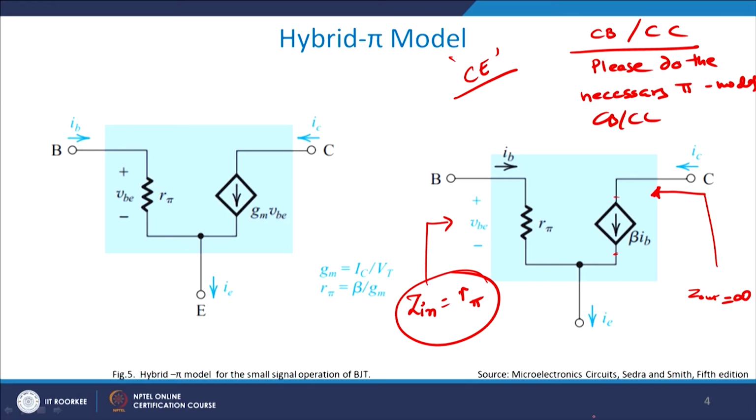Please do the necessary. In common base, you will see it will be RE that comes into the picture as the input impedance, and therefore you should be able to handle this hybrid pi model in a much better manner. So this is one model.